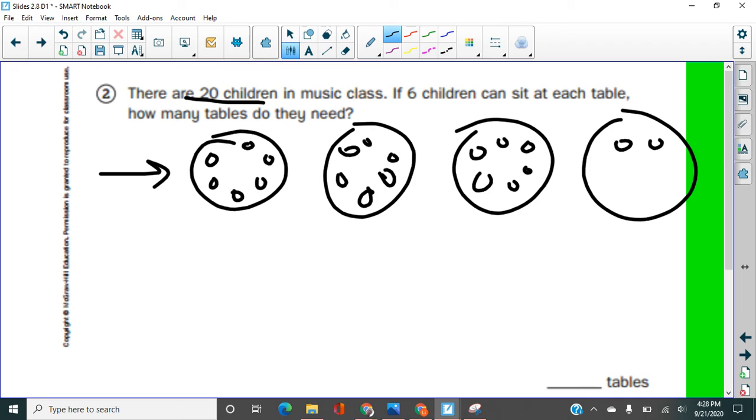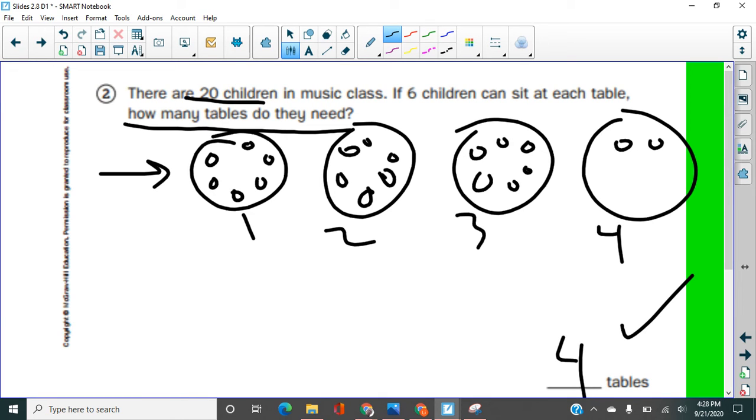Okay. So the question now, how many tables were needed? What's the answer? You need 1, 2, 3, 4 tables. 4 tables. There's our answer. Here's our proof. And now what do we need to do? We need to explain.